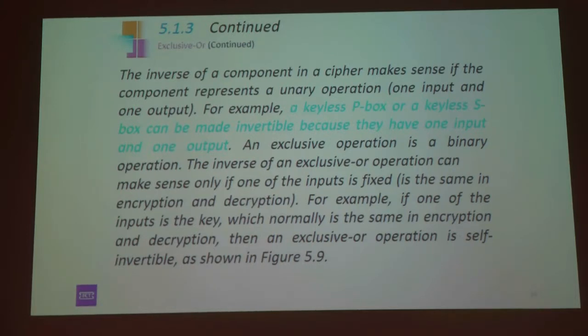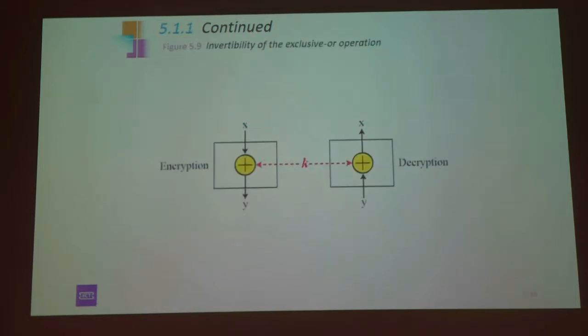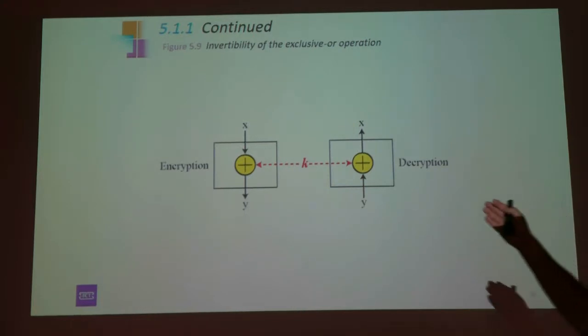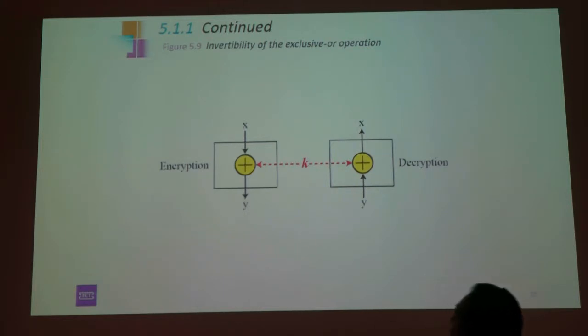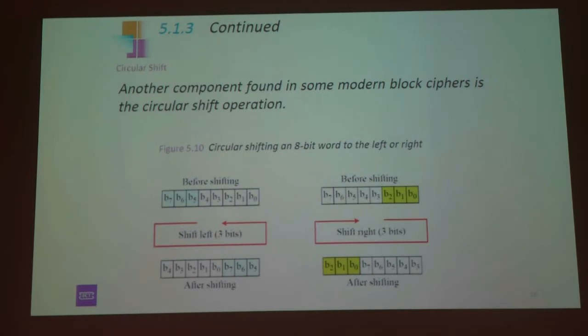So we could use the XOR to make it invertible if we have a fixed key. As you see here, this encryption and decryption is very easy to switch from X to Y and vice versa if we keep the key fixed.